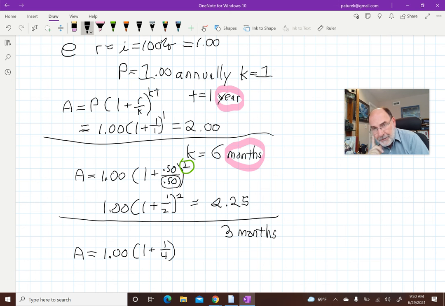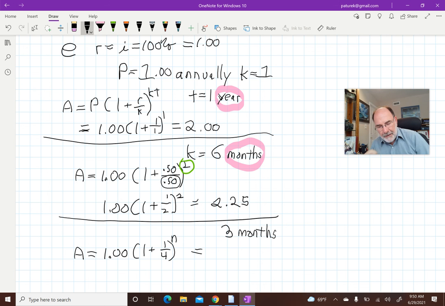So this is the interest rate, 25% expressed as a decimal. If you compound it 4 times in a year, then the interest rate is 1/4 of 100%, and you're going to compound it 4 times.